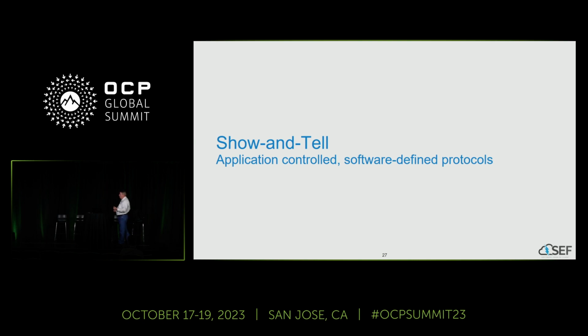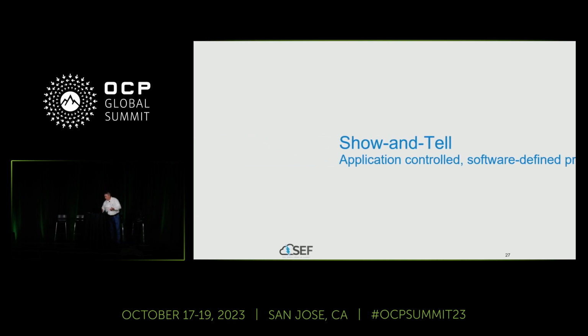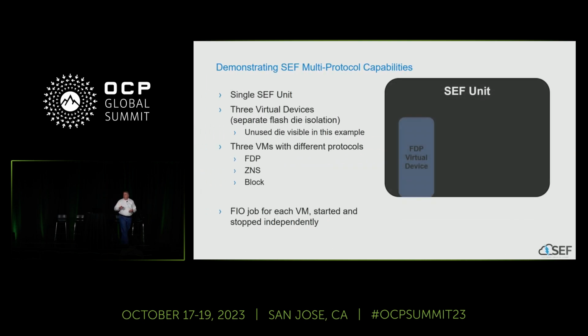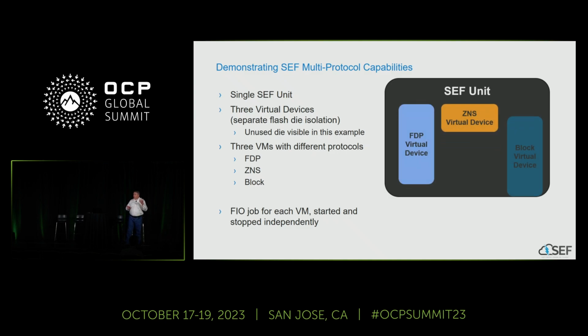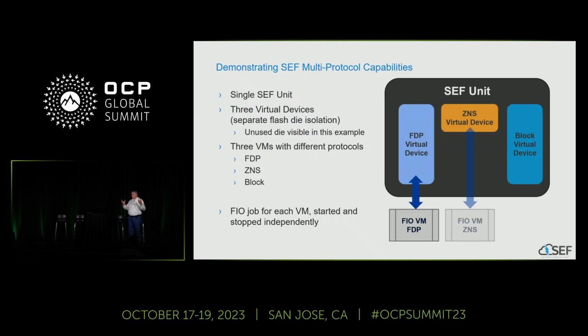So I'm going to take one drive. I'm going to take a single SEF unit, a single drive. I'm going to create 3 virtual devices, 3 completely isolated hardware differentiated zones. Layer on top of that, again, another QoS domain, so I can expose the drive to the host. Then I'm going to run 3 different workloads using 3 different protocols. So the first zone is going to run FTP on a virtual device.